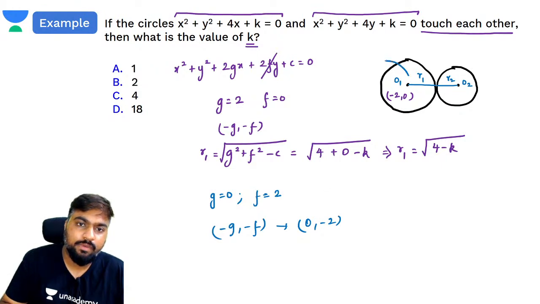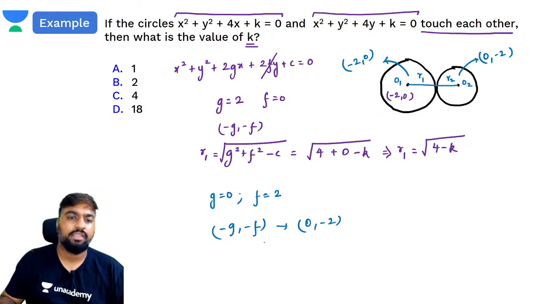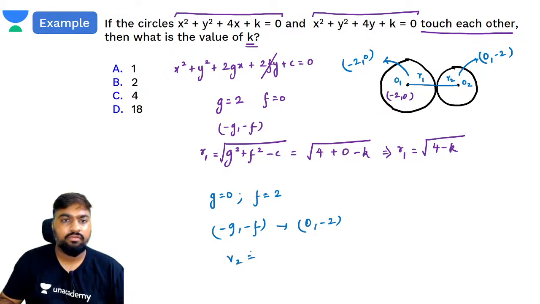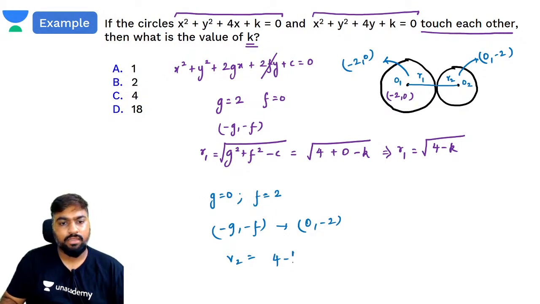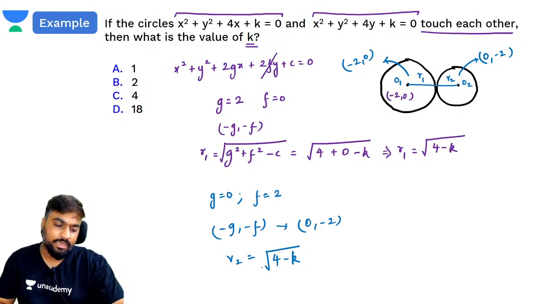So you found this point to be minus 2 comma 0, and this point to be 0 comma minus 2. And what will its radius be? Radius 2 will be g square 0 square, 2 square 4 minus k. So both have the same radius. Understood? Are you able to get this part, guys?